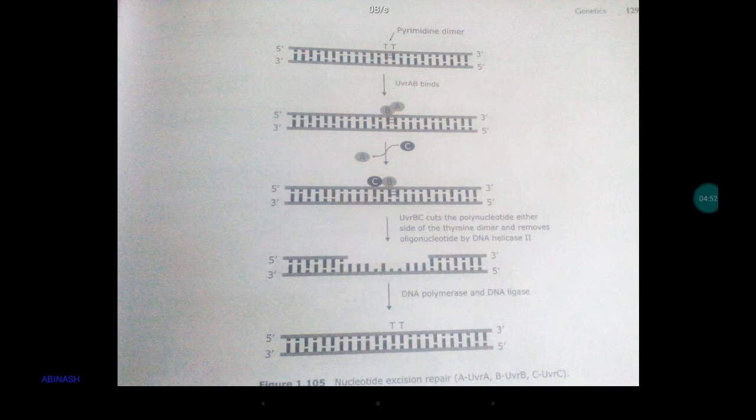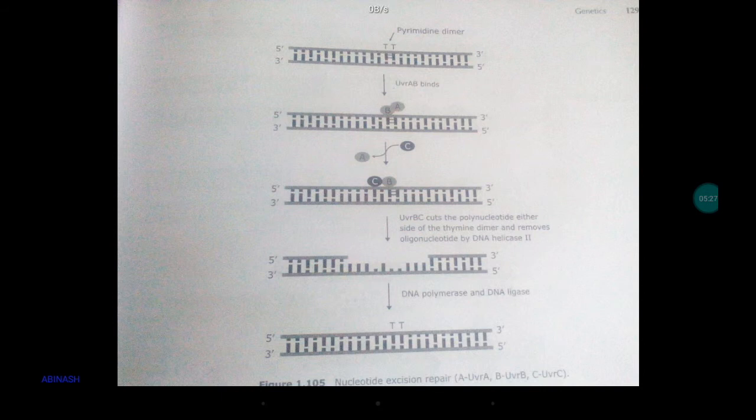Then UVRA is replaced by UVRC, and this forms a UVRBC complex which clips the damaged DNA strand at the 8th phosphodiester bond on the 5' side of the lesion, and this is removed by DNA helicase. It is then repaired using the enzymes DNA polymerase and DNA ligase.